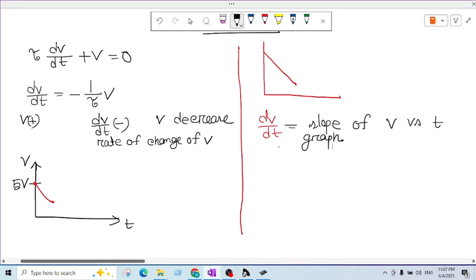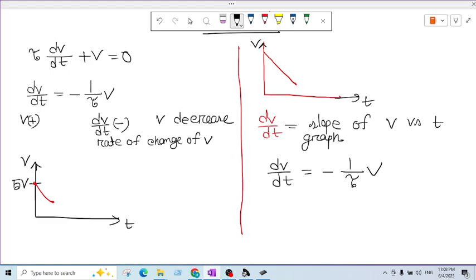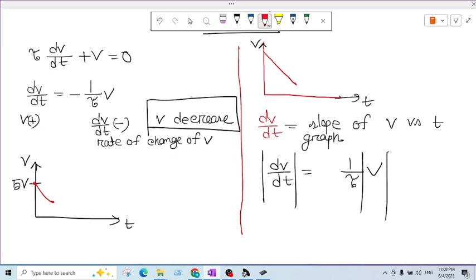That means dv by dt is the slope of this graph and also of this graph, because it's also a v versus t graph. Now let's analyze the equation again. dv by dt is equal to minus 1 by tau v. Now let's take a modulus here, and then this minus will cancel out. As we know that v is decreasing, the slope magnitude is also decreasing, right?